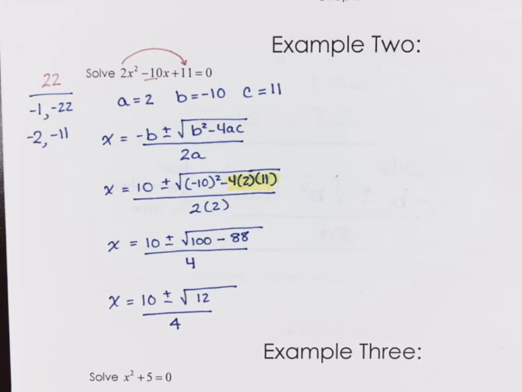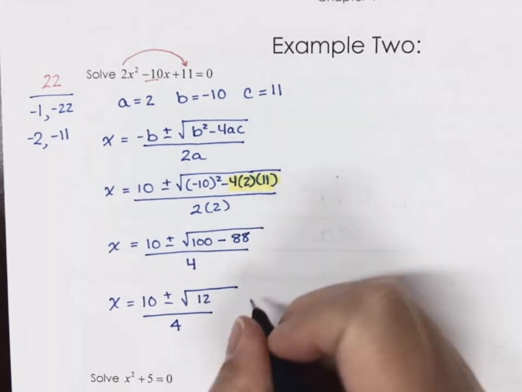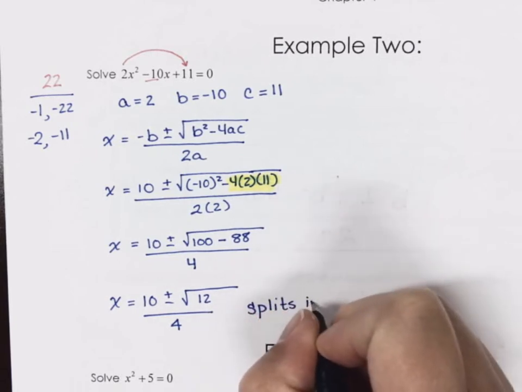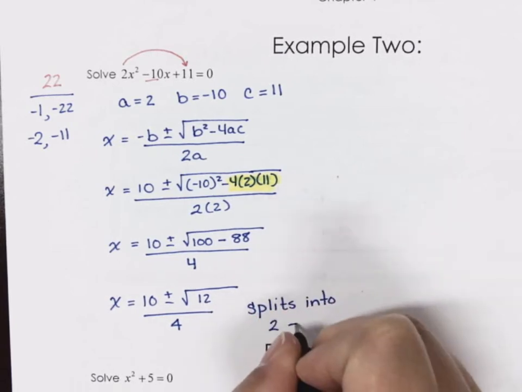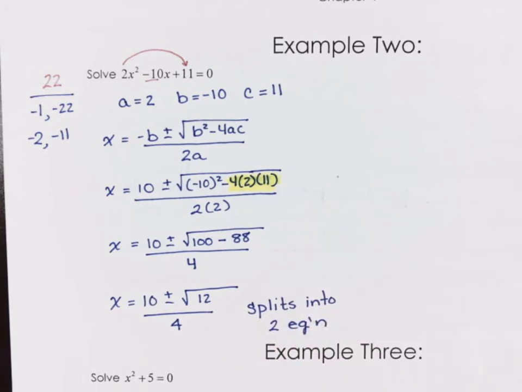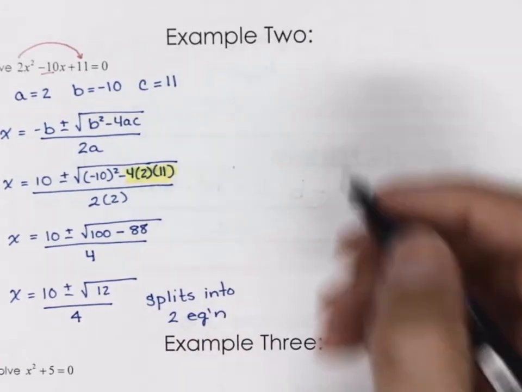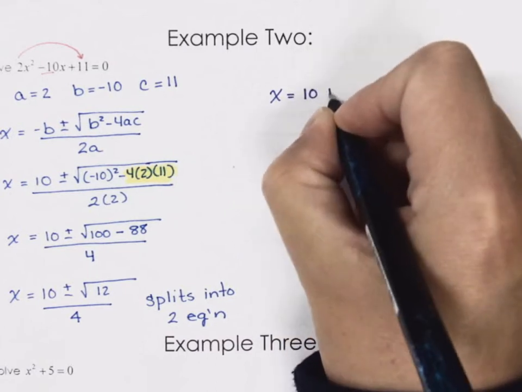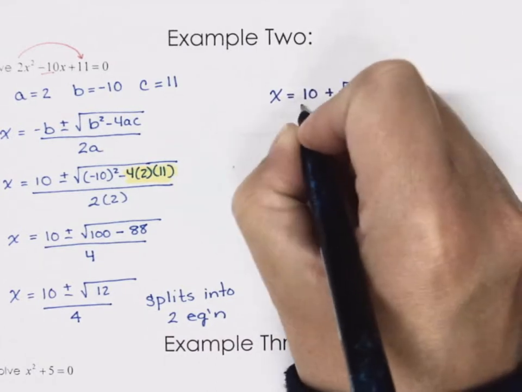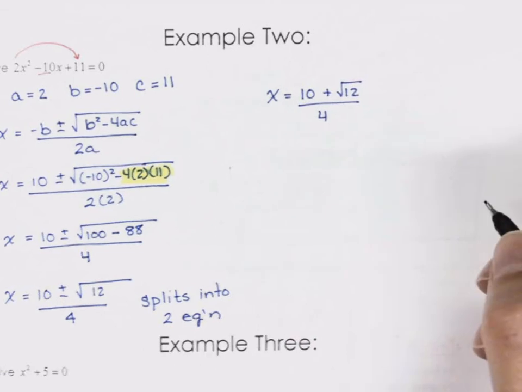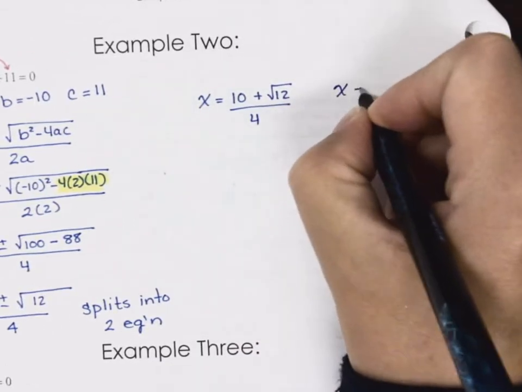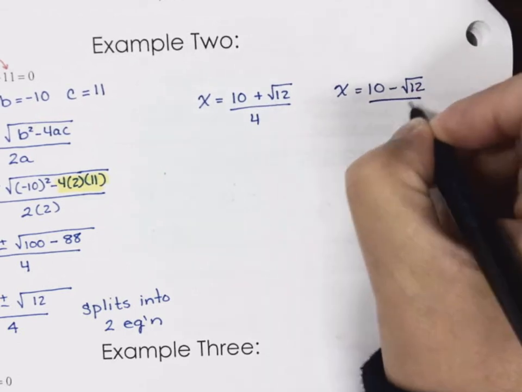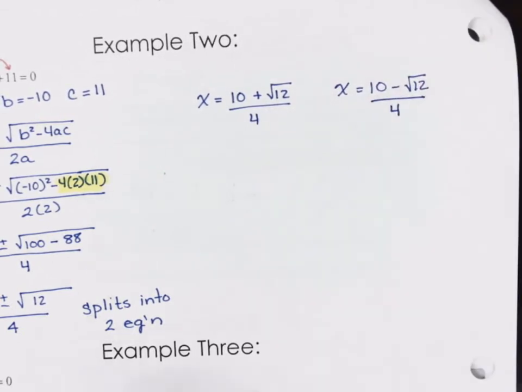So this is where it splits into two equations here. So I'm going to have x equals 10 plus root 12 over 4, and x equals 10 minus root 12 over 4.